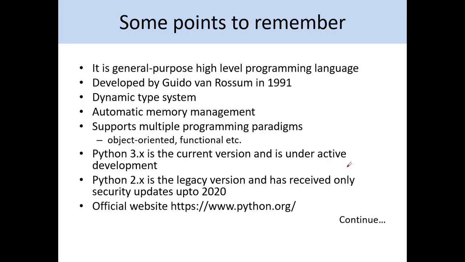Next, in the next slide, I have collected some points to remember about Python. So just go and read through these points. I am not describing everything, I request you to read every topic. See here, the current version of Python is 3.x. Usually it is Python 3.